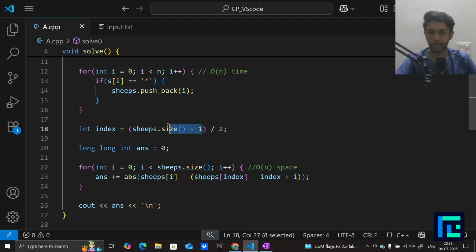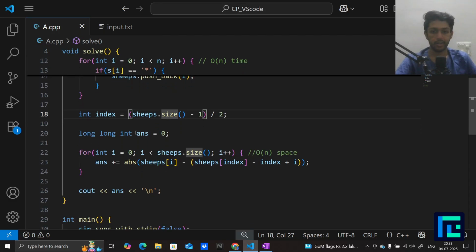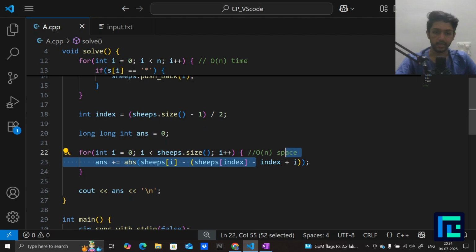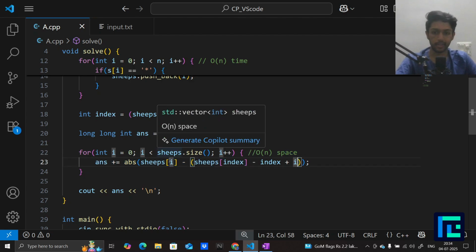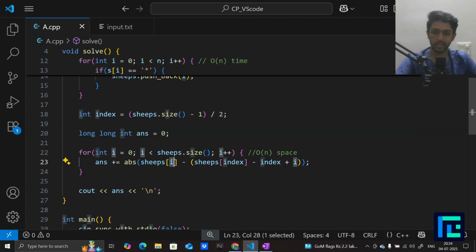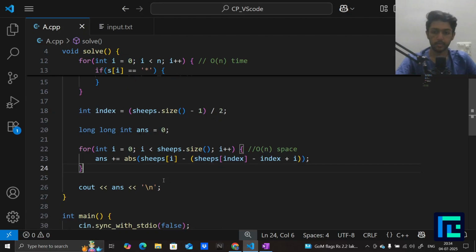And then finally the ans variable, which will store the total cost. So I am just iterating over all the sheeps, and finally the answer would be ans plus equals sheeps of i minus sheeps of index minus index plus i, right? So for all indices i I will add this up, and this index is the middle index, right? And I'll just print the answer.